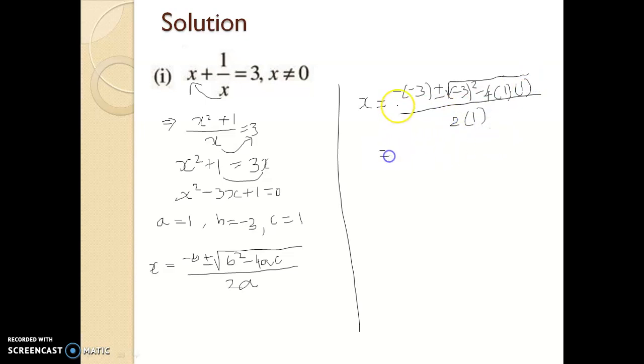So minus into minus plus, so 3 plus or minus square root of 3 square, so 9, minus 4 into 1, 4 only, and whole divided by 2 into 1, 2. So equal to 3 plus or minus root of 9 minus 4, 5, divided by 2.